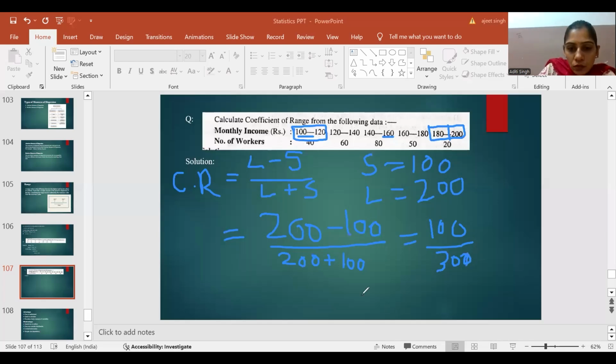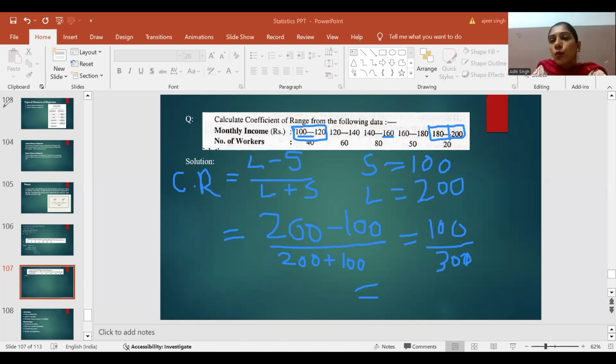Okay, so let's do the calculation with the help of a calculator. 100 divided by, sorry, 100 divided by 300.